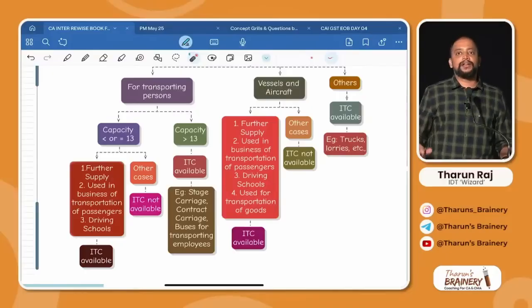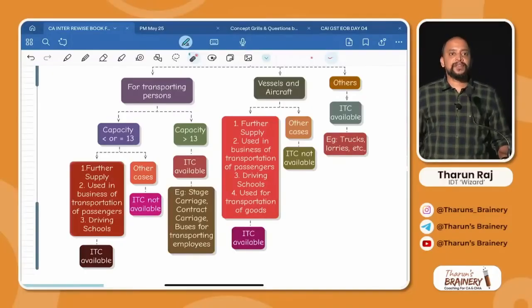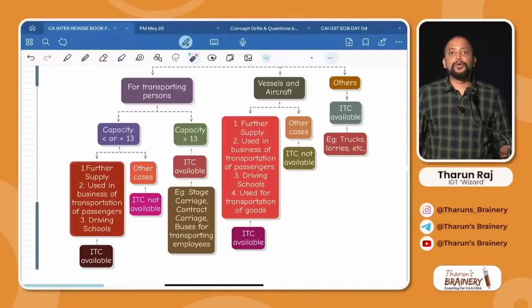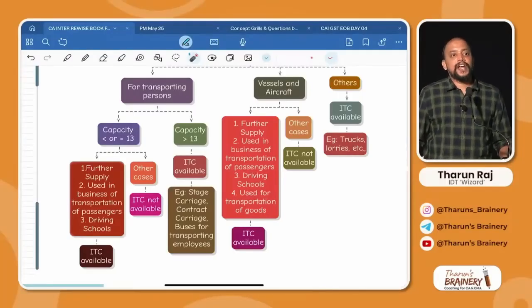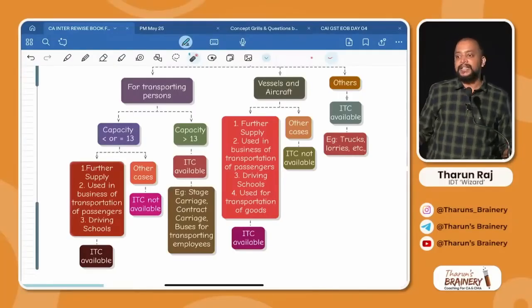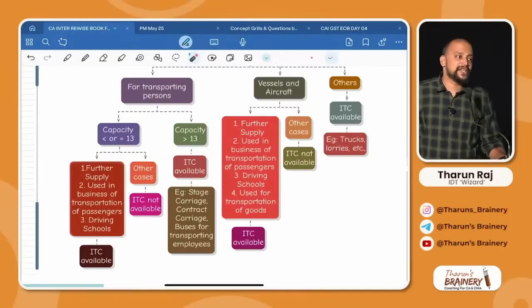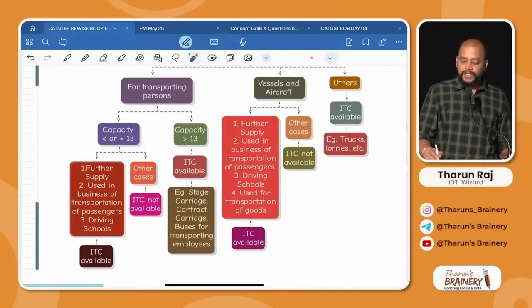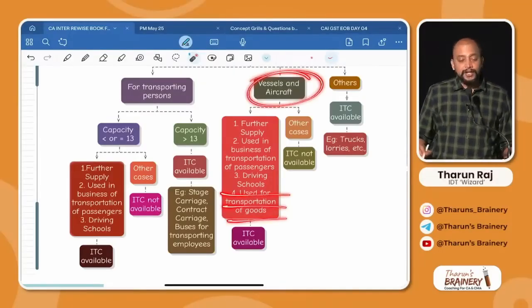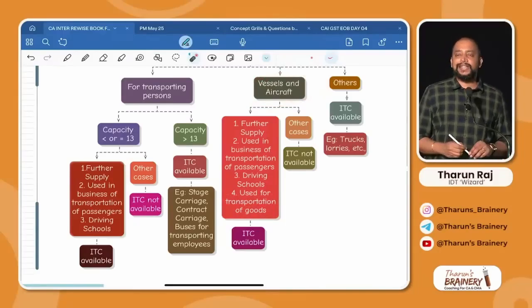Then next example. There is a courier company, say Blue Dart Couriers. Blue Dart Couriers purchases an aircraft for transportation of courier parcels. Can they take ITC on the aircraft purchased? Yes, because the aircraft is used for transportation of goods. Then another example.